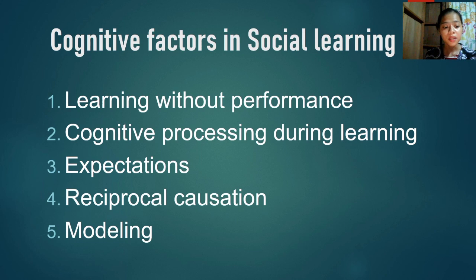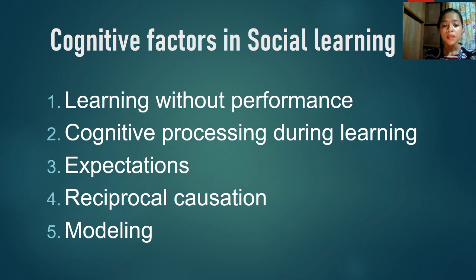Number four, reciprocal causation. So Bandura proposed that behavior can influence both the environment and the person. So in fact, each of these three variables, the person, the behavior, and the environment, can have influence on each other. So connected din siya.